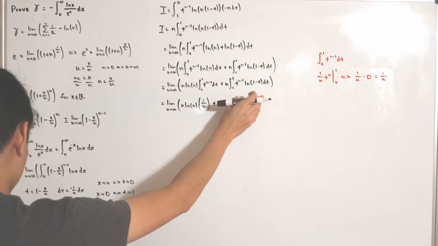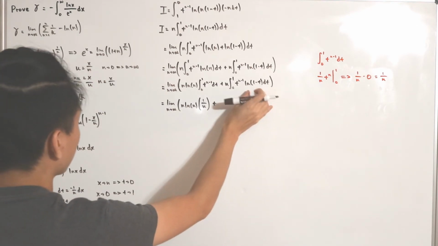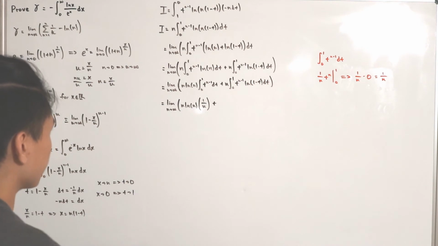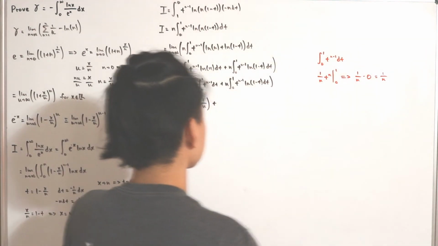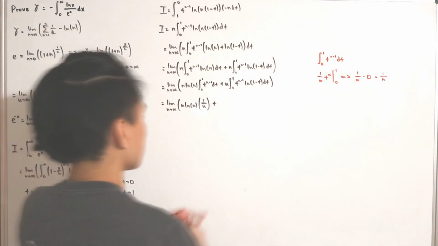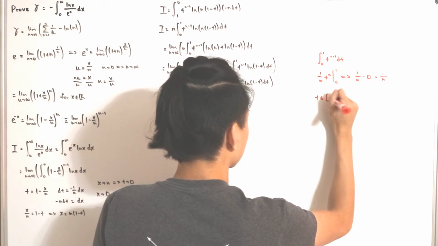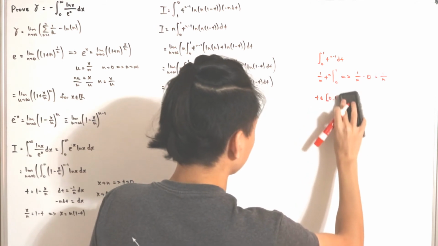So let's focus on our natural log of 1 minus t. Because we are integrating this from 0 to 1, a closed interval, of course, that means t is an element of the closed interval 0 to 1.